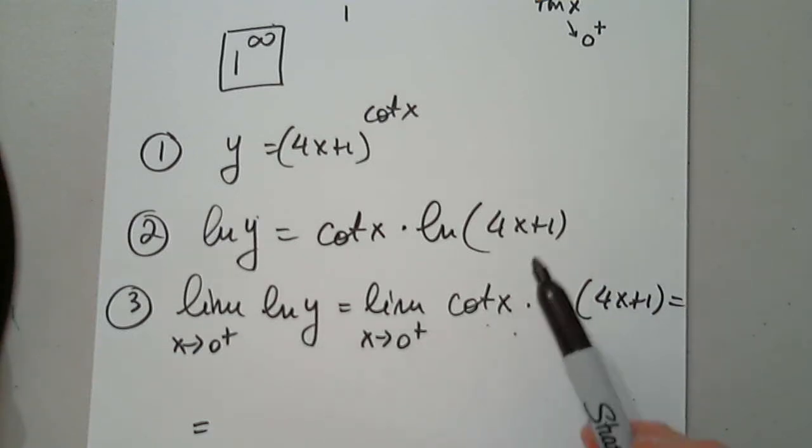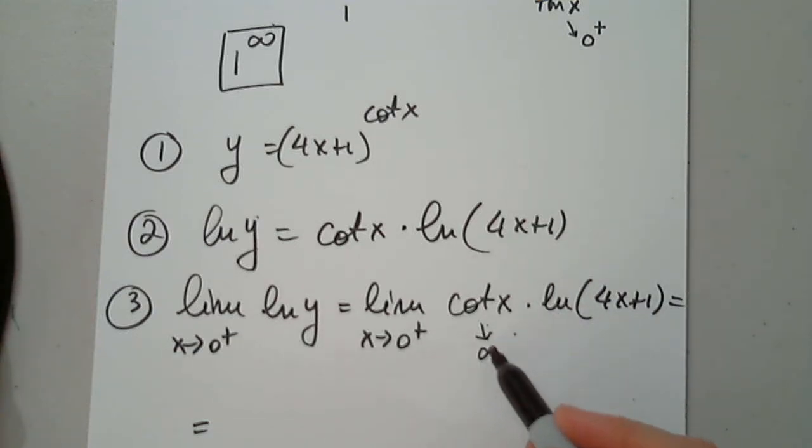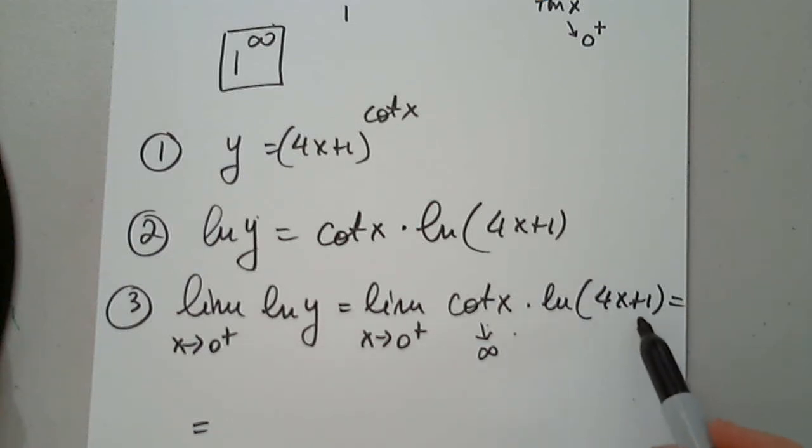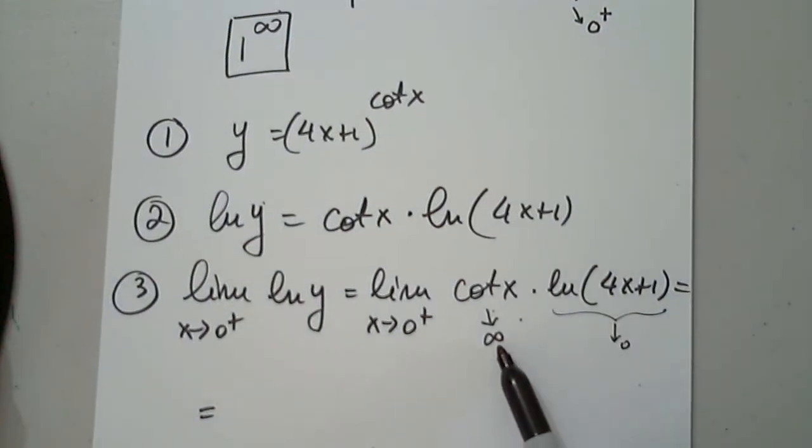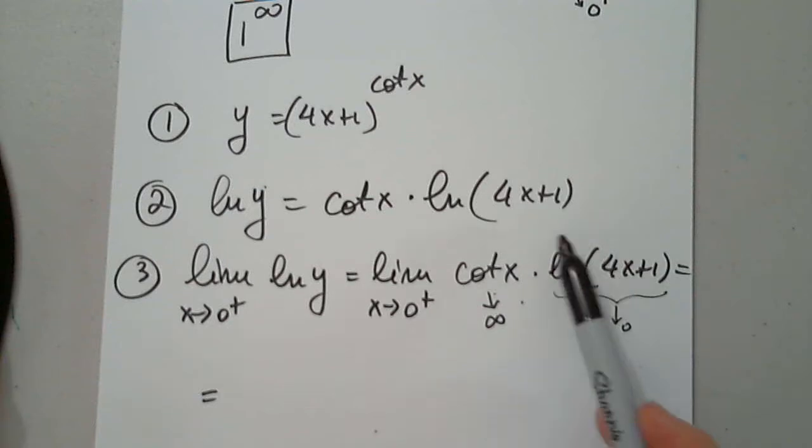Okay, we know that this, we already said it's going to infinity. We know that this, you already told me it approaches 1, so that means that this will approach 0. Much better than the power, because I know infinity times 0 is not a big deal. It's easy to manipulate to change it into either 0 over 0 or infinity over infinity.